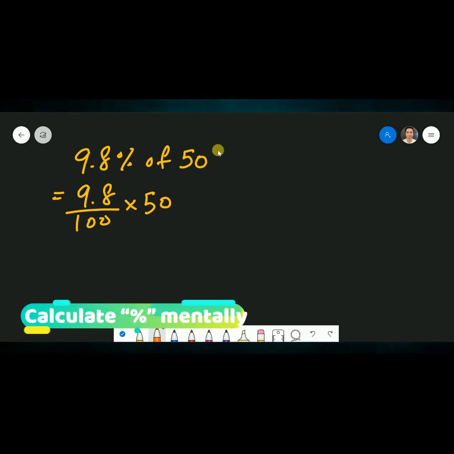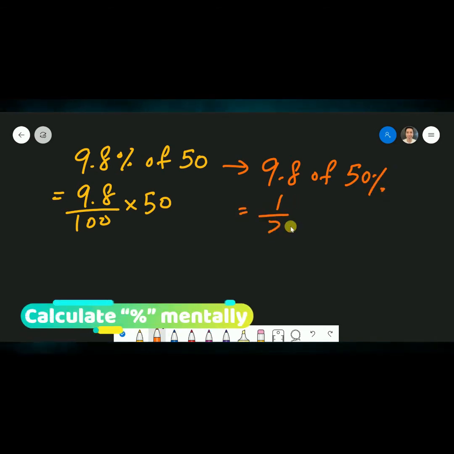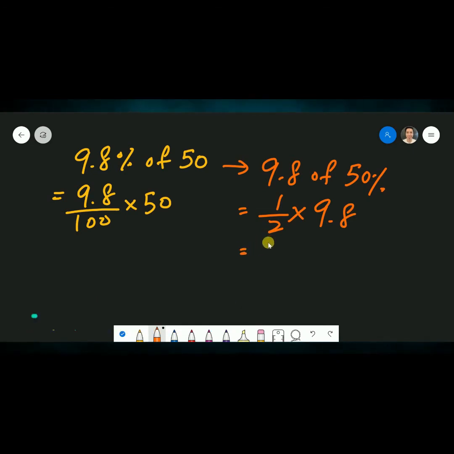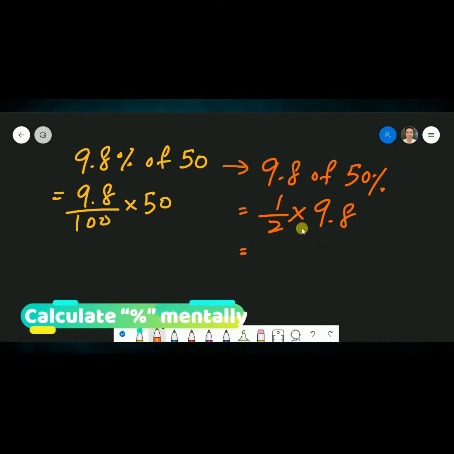Instead of writing 9.8% of 50, we can write it as 9.8 of 50%. Again, 50% is 1/2. 1/2 of 9.8. I believe you all can count it mentally and fast. So the answer will be 4.9, isn't it?